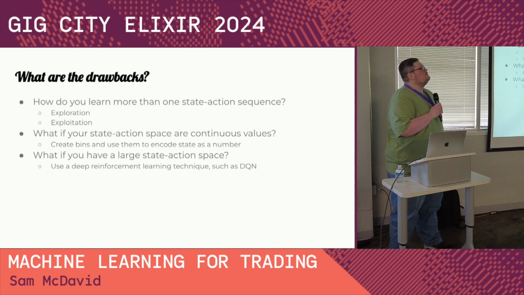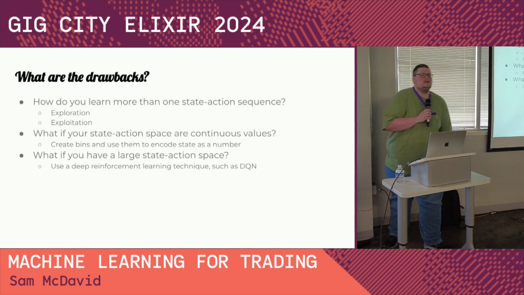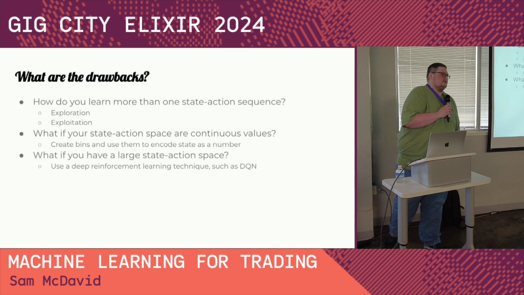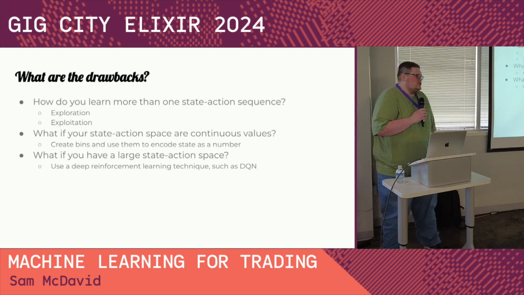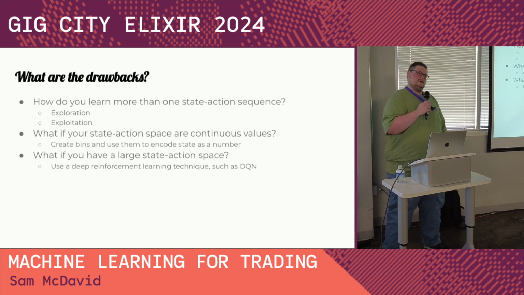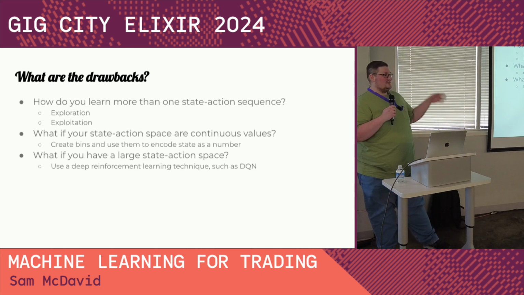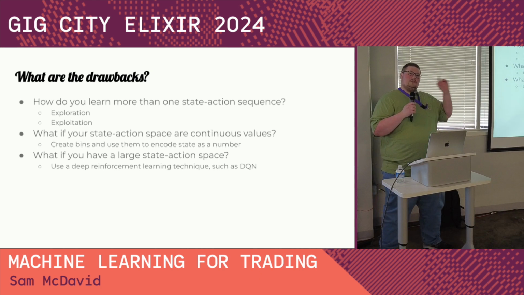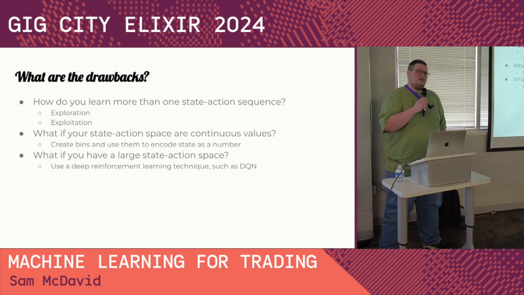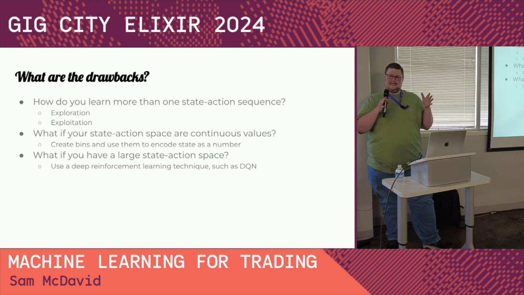In stocks, when we compute these indicators, they're all continuous values. That is a problem because, what is Q of 1.1? What does it mean to index by 1.1? So we have to convert these values into bins. That's also demonstrated in the Livebook. All you do is break it up into chunks of 10, so that you can encode them as 0 through 9.